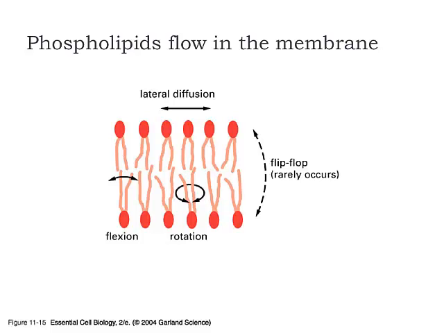And they can move either side to side, back and forth, along one of the layers of that bilayer, or they can rotate in place or spin kind of in place. But they very, very rarely will switch from one layer to the next. It's not energetically favorable.